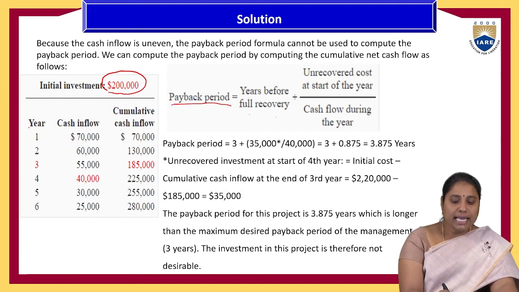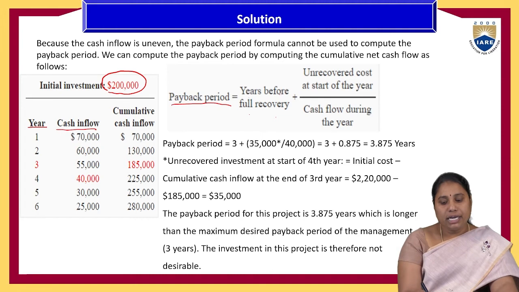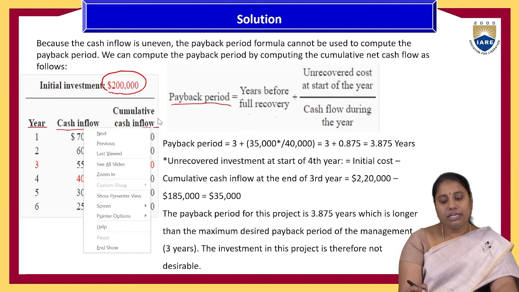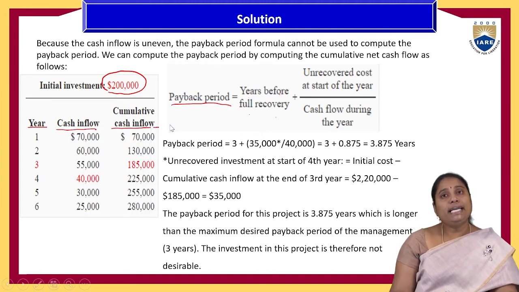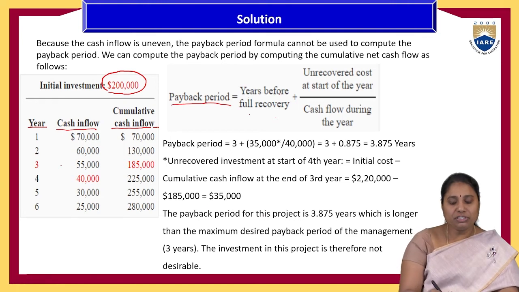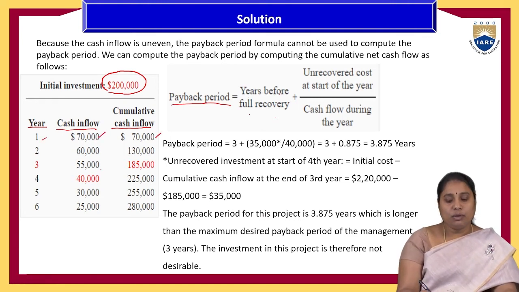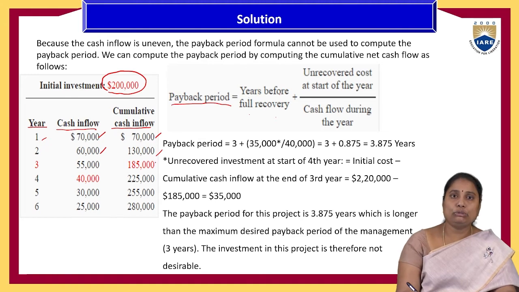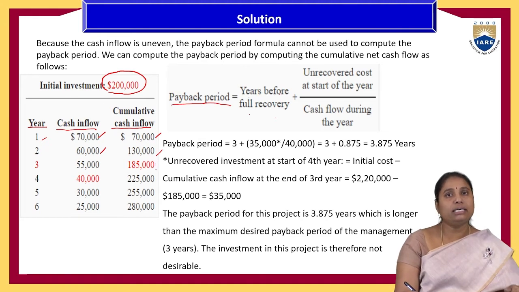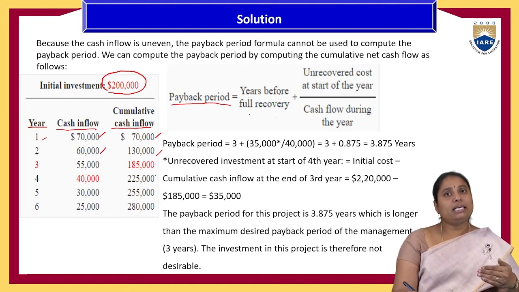Every year we take the expected cash inflows, and because they are uneven, we need to take the cumulative cash inflows. In the first year they get 70,000. Including the second year's 60,000, they cumulatively get 1,30,000.